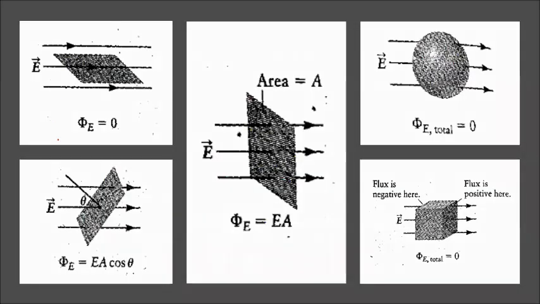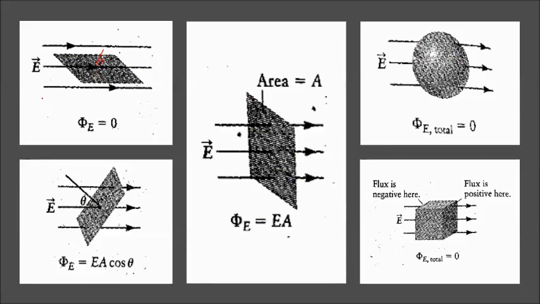Okay, so let us analyze how to find electric flux in different situations or conditions. In the first figure, look at the direction of electric field. This is parallel to the virtual surface, so the line perpendicular is this one, at 90 degrees.